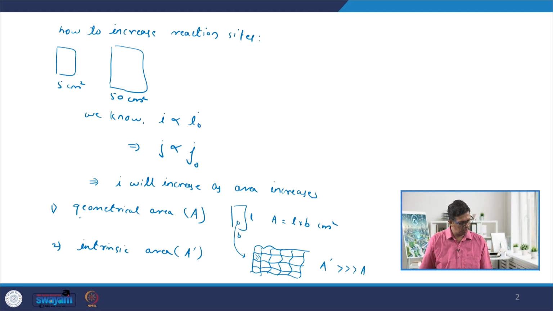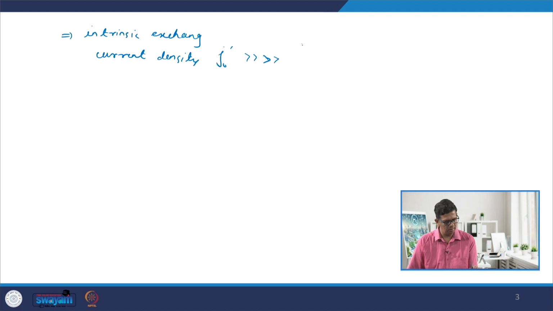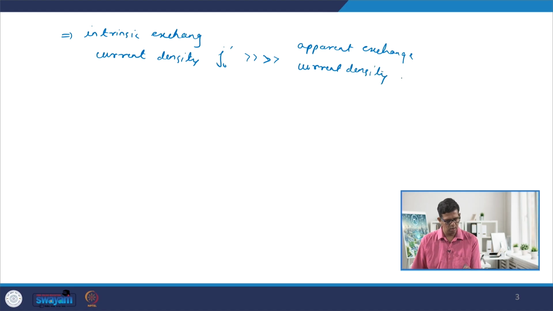This geometrical or apparent area gives the apparent exchange current density J naught. Let me write this one more time: J naught dash is greater than J naught.